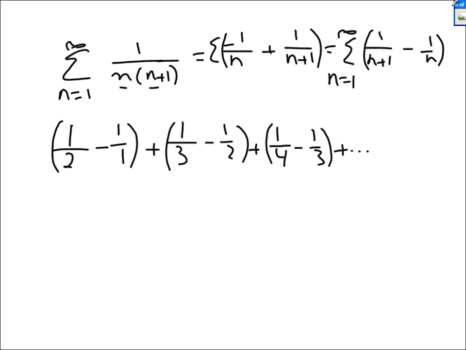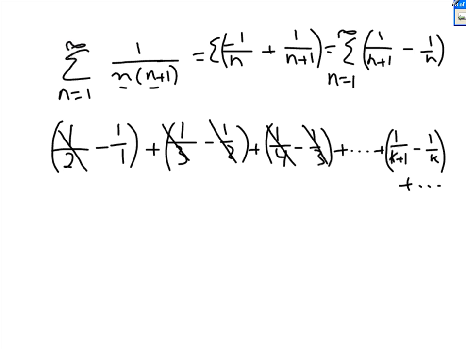All the way down to, say, n is k. You have 1 over k plus 1 minus 1 over k, etc. But look what happens. It's really unbelievable. A half minus a half leaves. A third minus a third leaves.